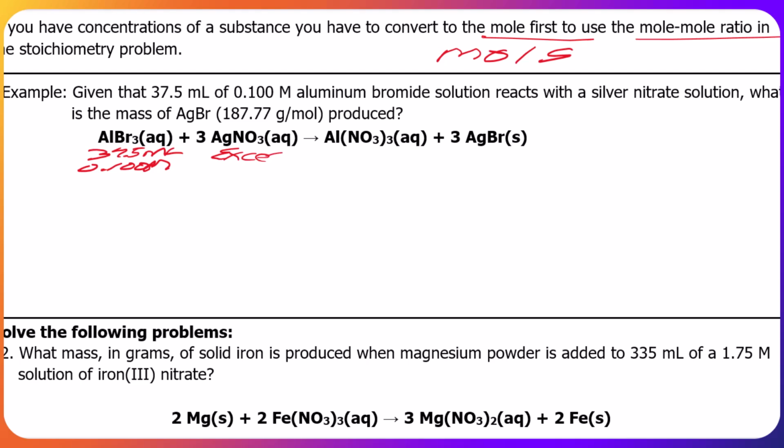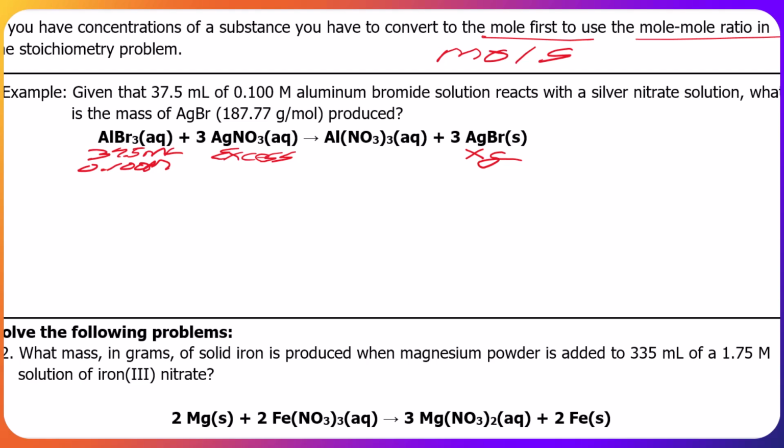This is just like the stoichiometry problems that we were doing before, only we're starting with a volume, and volume times molarity equals moles. And then what we're looking for ultimately is X grams. So it's very similar to gram stoichiometry, except that we're not starting with grams, we're starting with volume.